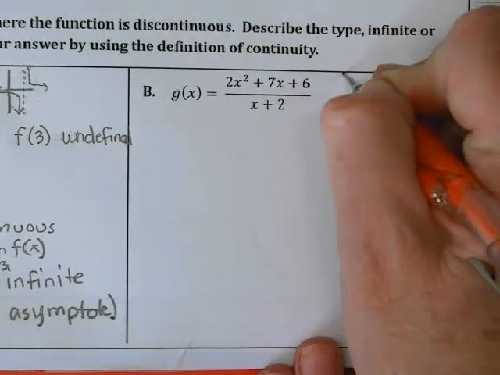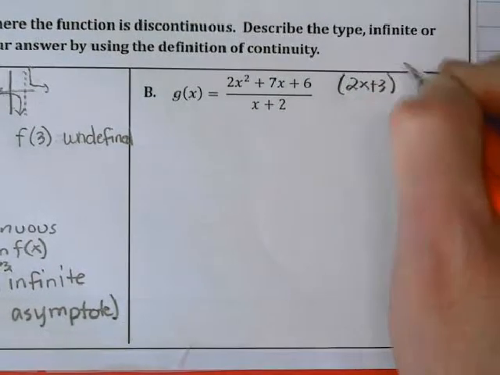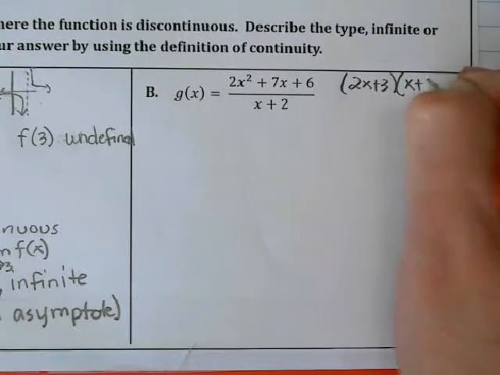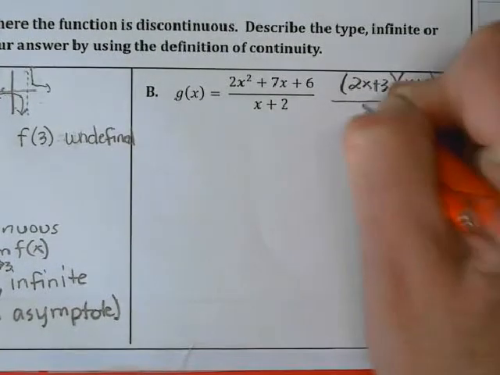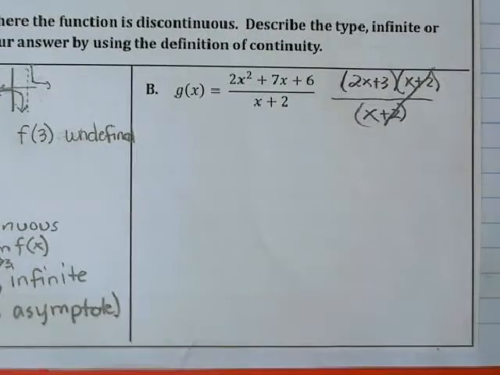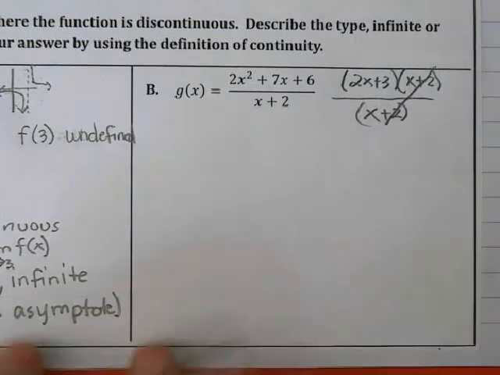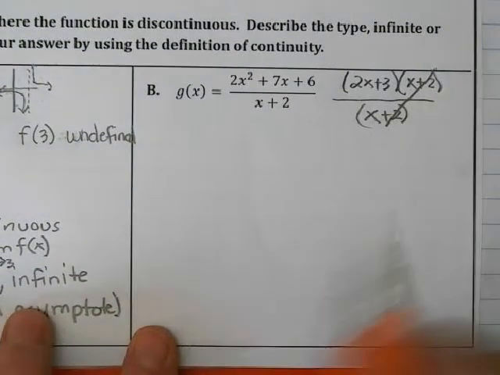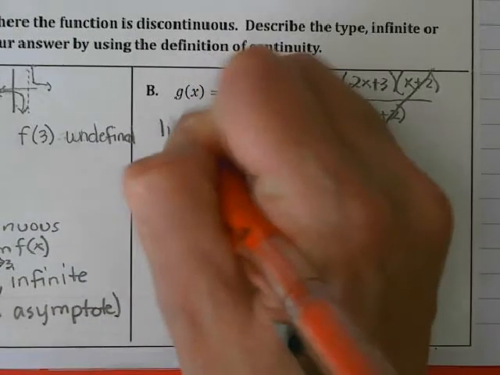I'm going to factor it to 2x plus 3 times x plus 2 over x plus 2. So I can see that there is a hole in the graph. So I've got to look at negative 2. That's where something interesting is going on.